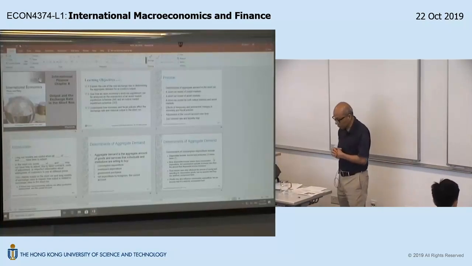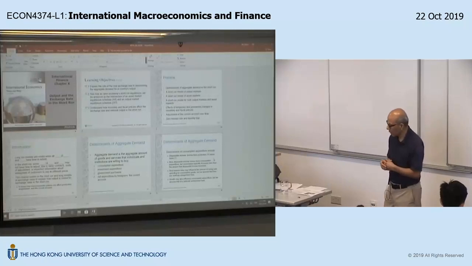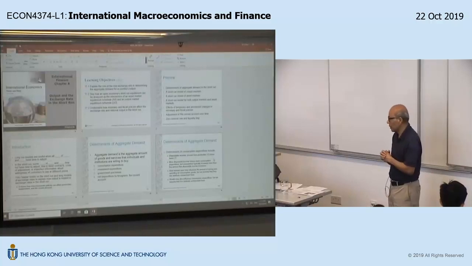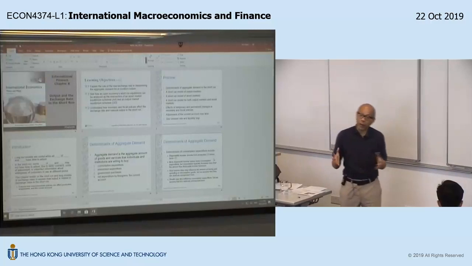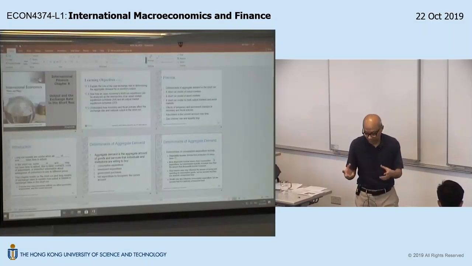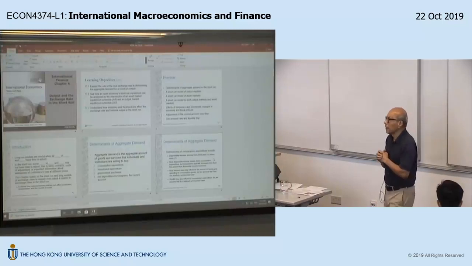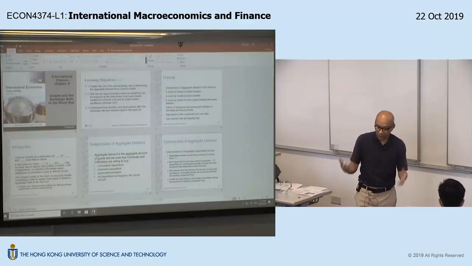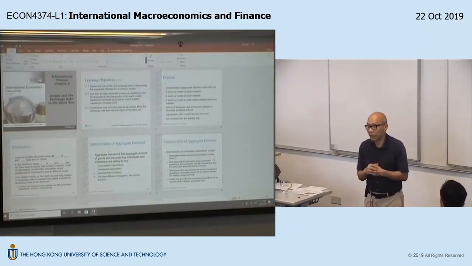Okay, so in those kinds of places, regions or countries, exchange rate is a very important variable. That's why, for example, Hong Kong is adopting a linked exchange rate system, right? That's actually a sign that exchange rate is really important for a place like Hong Kong.